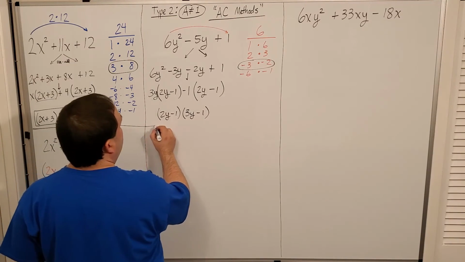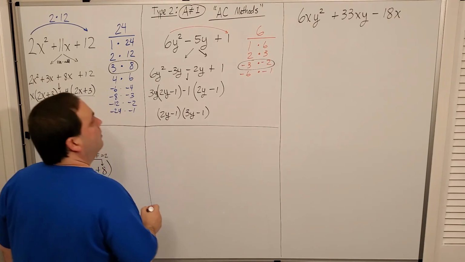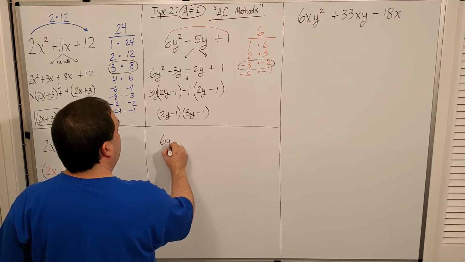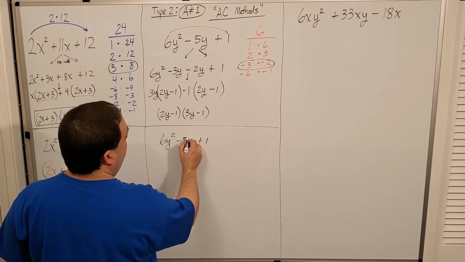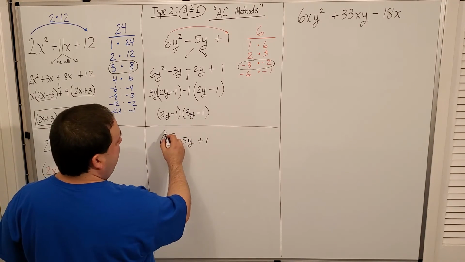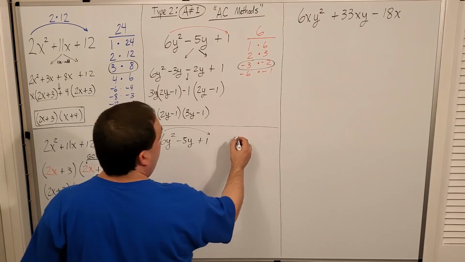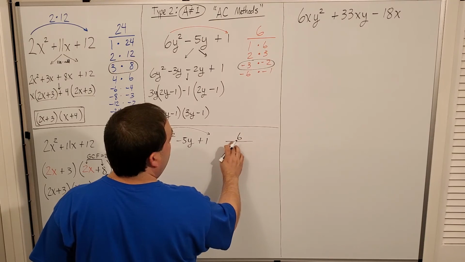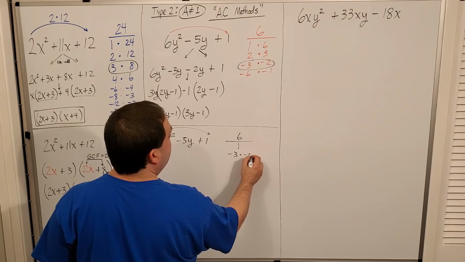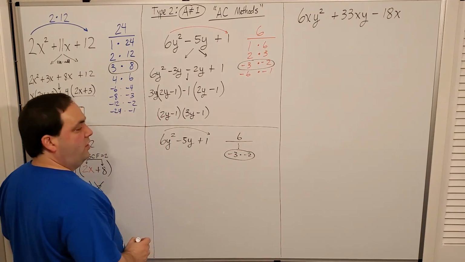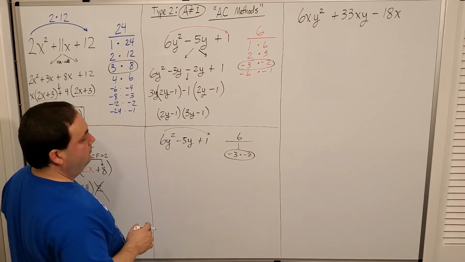Now, the same polynomial, 6y squared minus 5y plus 1. And remember, the beginning is the same. I still do the AC, which would still give me the 6, which would still eventually lead me to negative 3 times negative 2 as my pair of numbers. All of that is the same.